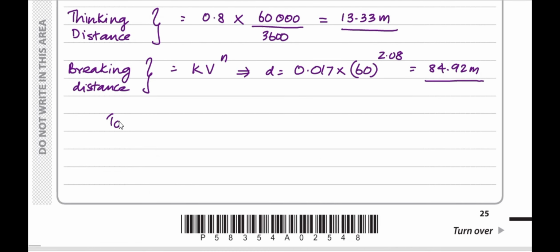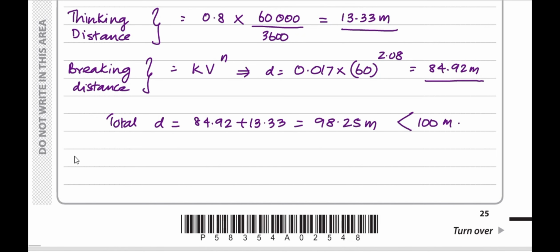Therefore, total distance equals 84.92 plus 13.33, which is equal to 98.25 meters, which is less than 100 meters. Therefore, Sean will be able to stop before the puddle.